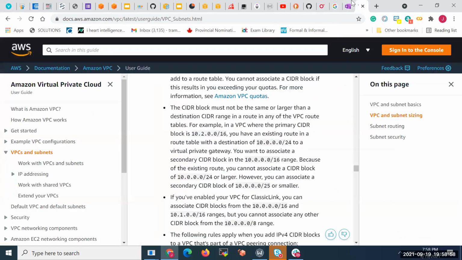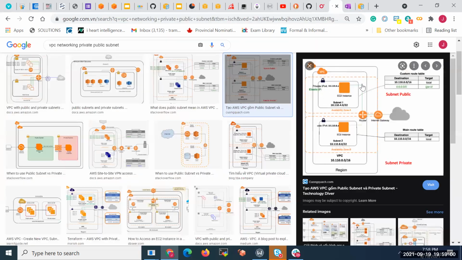So you see here, these subnets connect to the internet. If the instance in one availability zone is down, the routing table will redirect it to the other availability zone.